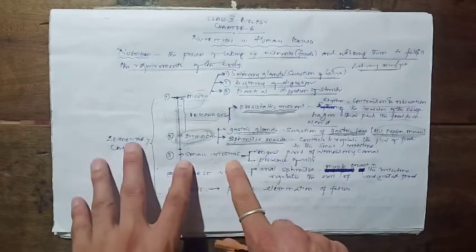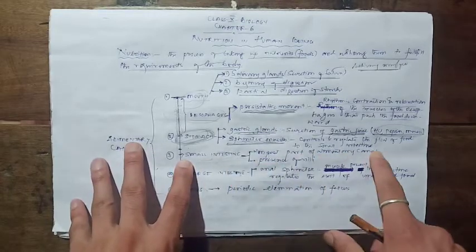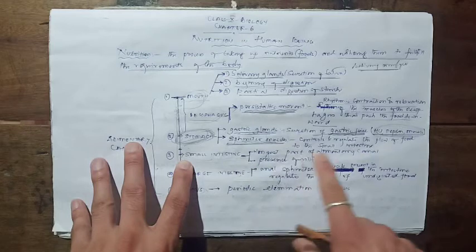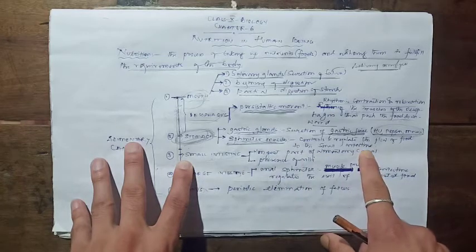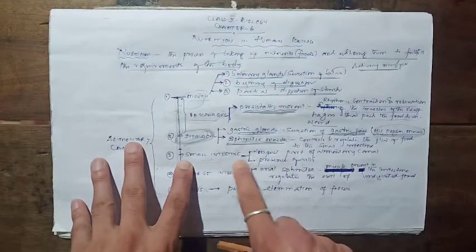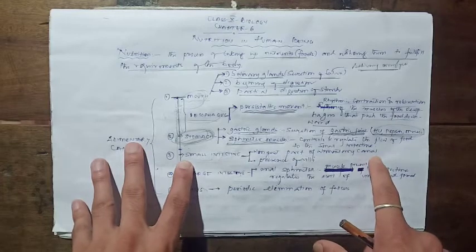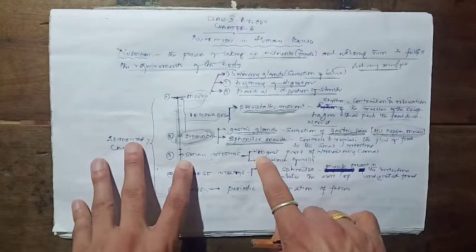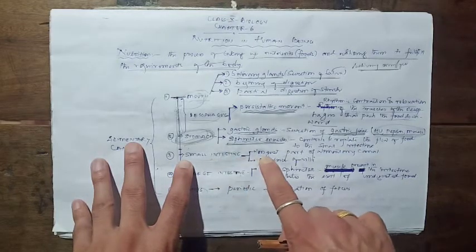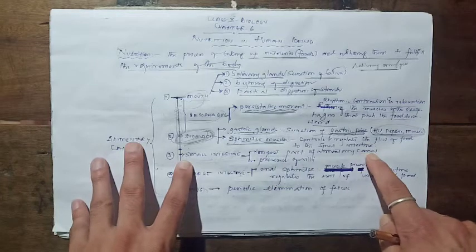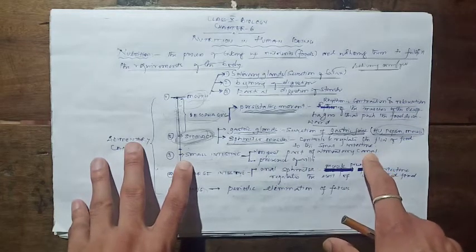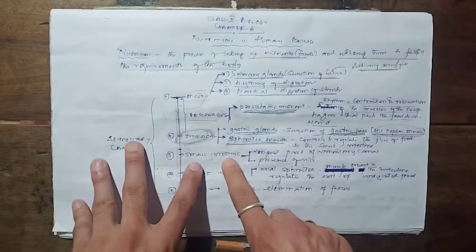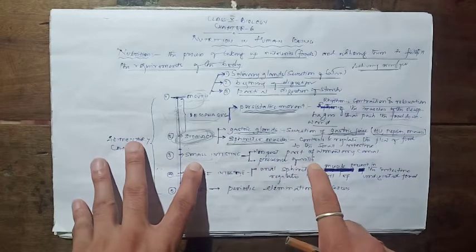Now student, next comes the small intestine, the longest part of the alimentary canal. Our food spends most of its time here, or we can say this is the part of the digestive system where the digestion process completes. This small intestine also consists of villi.